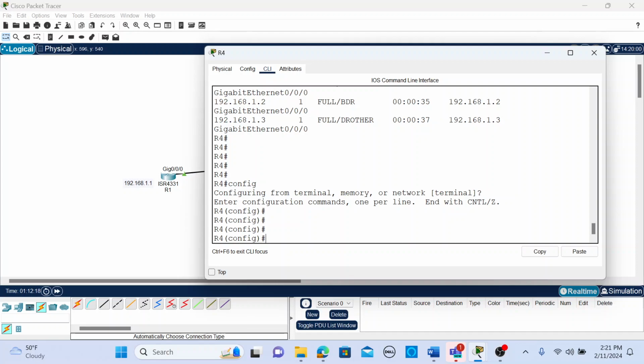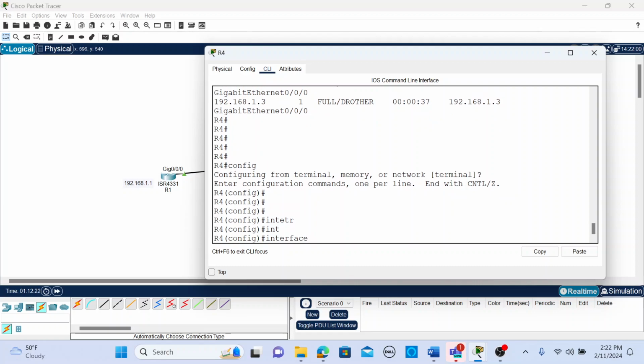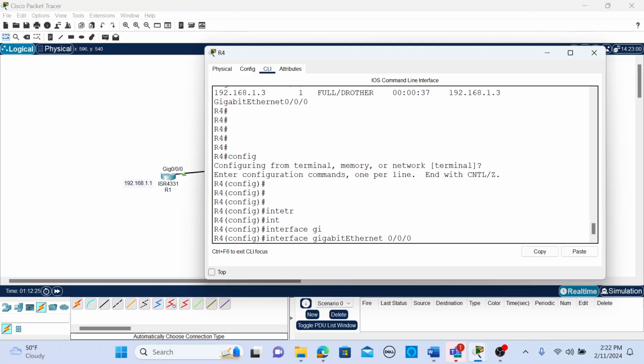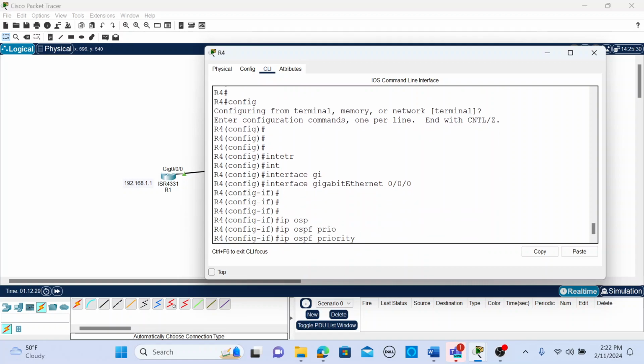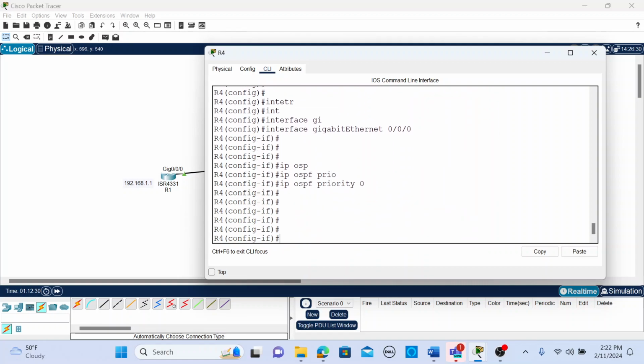Again, you have to go into the interface command, ethernet 0. If you give OSPF priority 0, this router will not participate in DR BDR election. It becomes DR other.